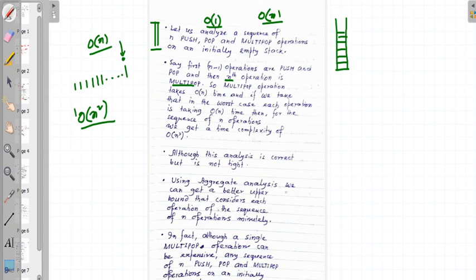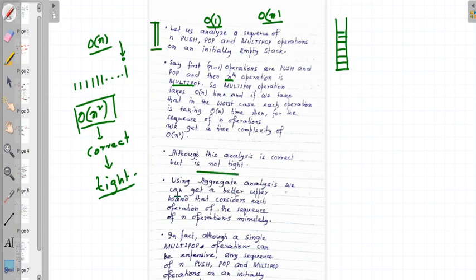If I analyze it that way, that is the correct one, but not the tight one. So although this analysis is correct, it is not tight.